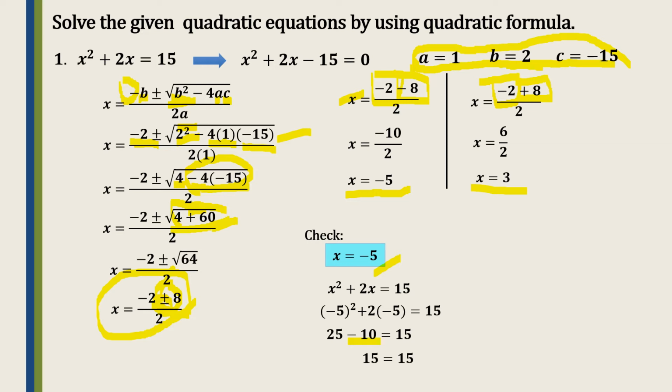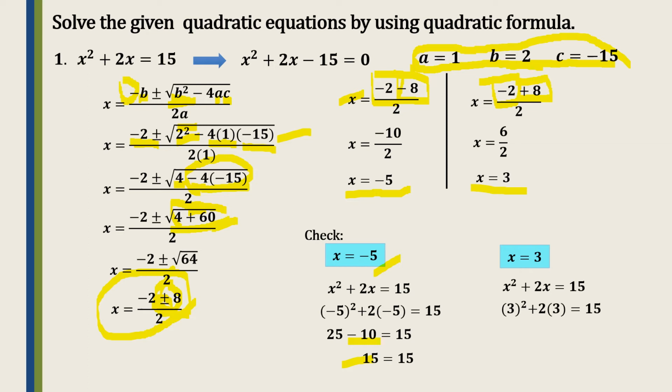15 equals 15. Ibig sabihin, ang negative 5 ay value, solution or roots ng given equation. Another, i-check natin ang 3. So, yung original equation ang gagamitin, x squared plus 2x equals 15.